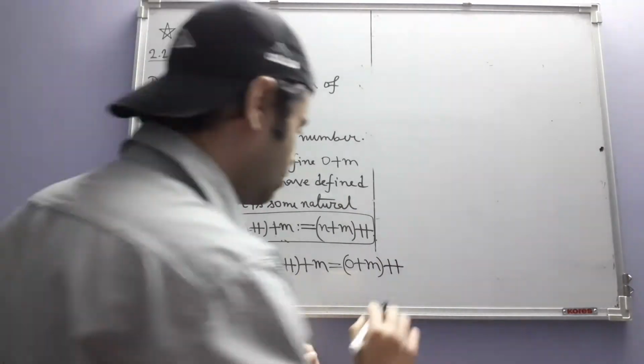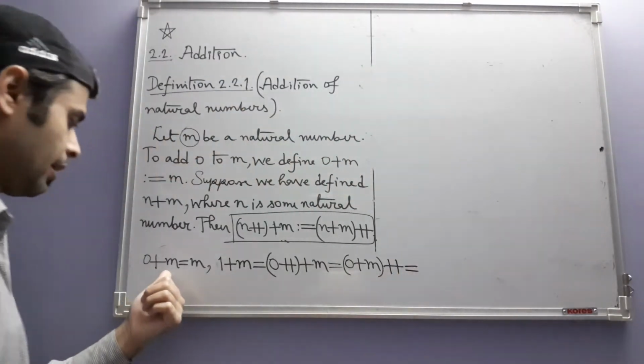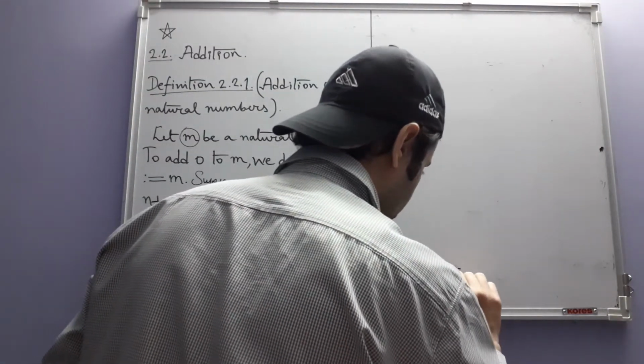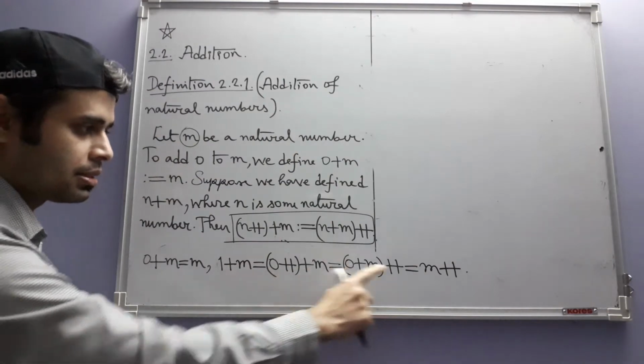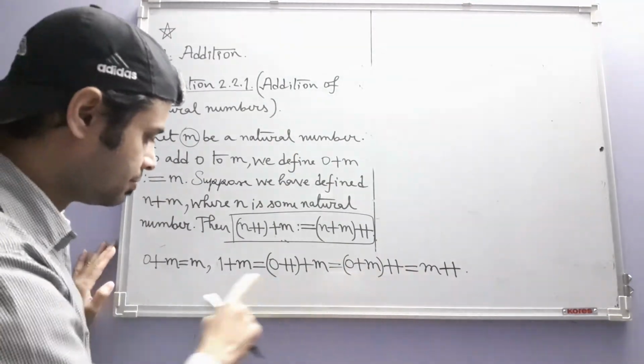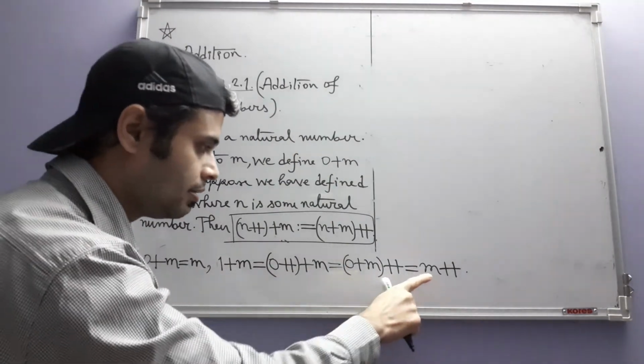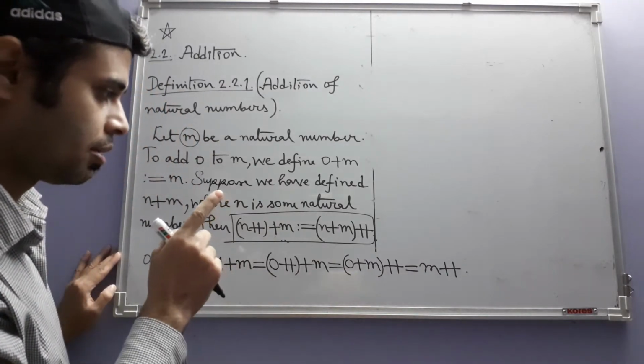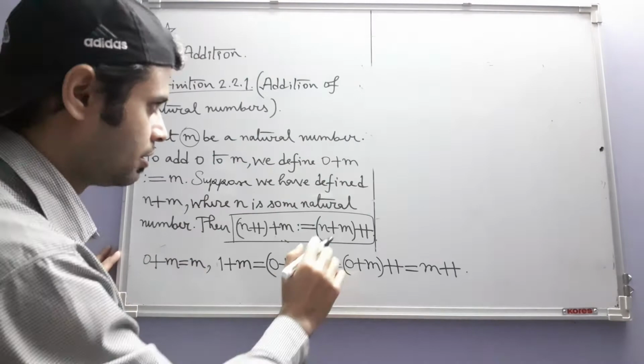And 0 + m is what? I already have it here. So 0 + m is m, so 1 + m is the successor of m. So you see that I have at least got something the way I want to have it.